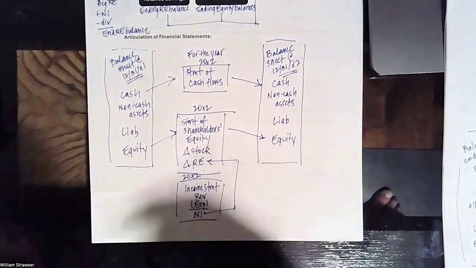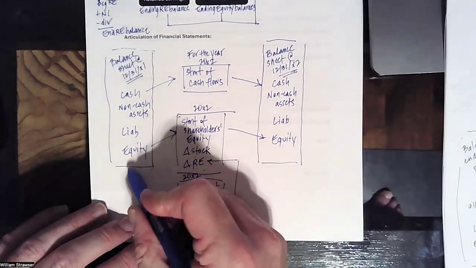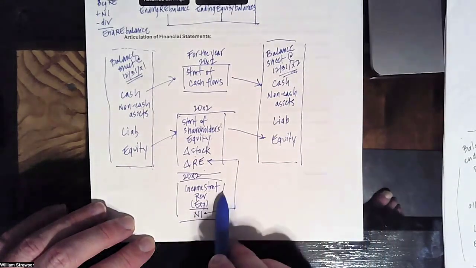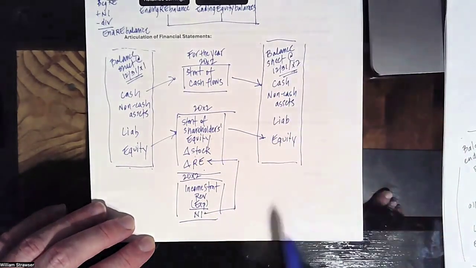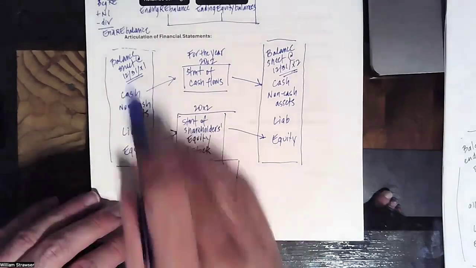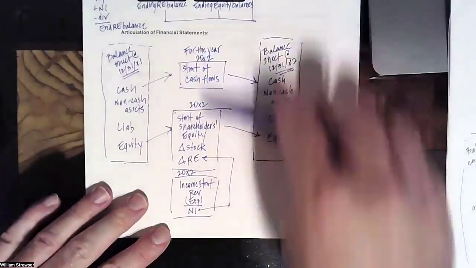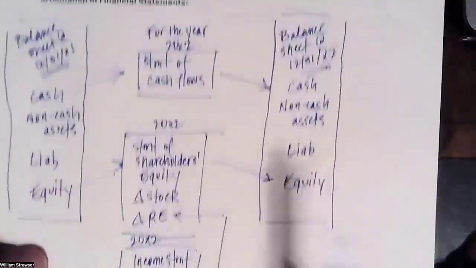Not like the stock we trade, but the amount we have at this date. Then everything that happened during the year, our flows, lead to the ending stock of each of these accounts, right? We take stock at the beginning of the year, we take stock at the end of the year. These are my bookends, and the other three financial statements are everything in between those.